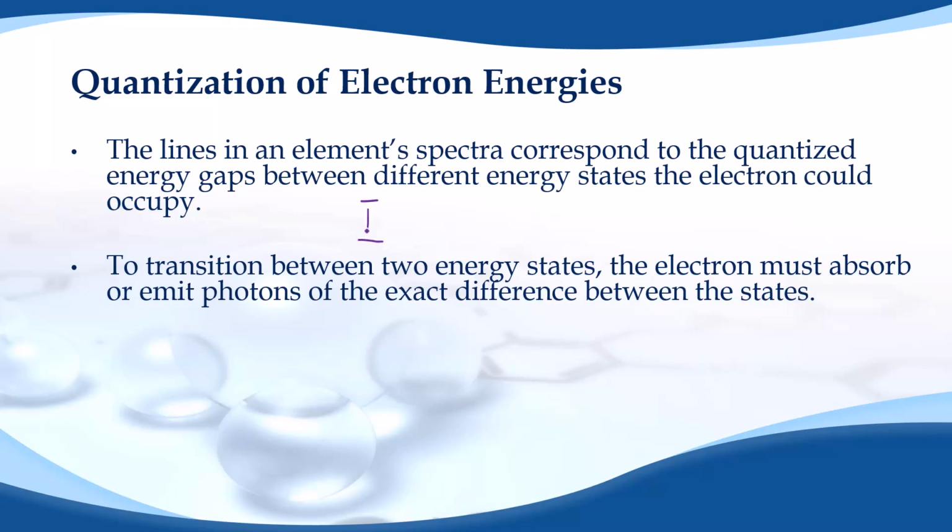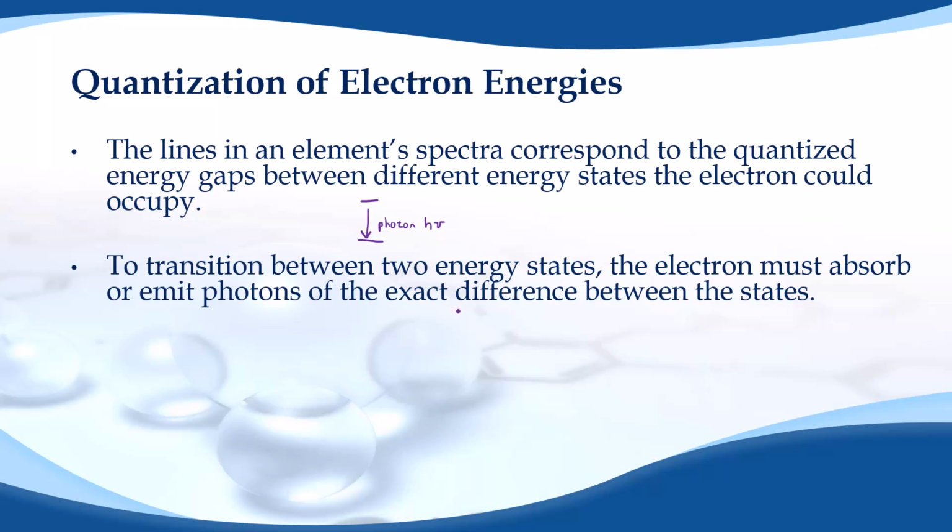You add energy in from your electrical source, it excites the electrons into higher energy states, and then when those electrons come back down to their lower energy states, they have to emit a photon of light. And that photon that you see is what gives rise to those individual lines. Each of those lines is the energy gap for a transition between allowable energy states.